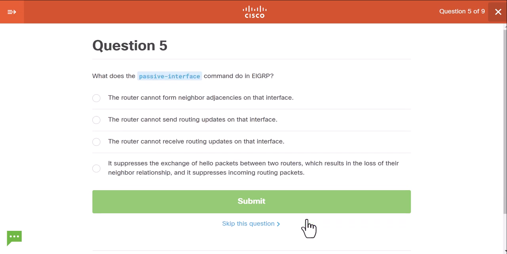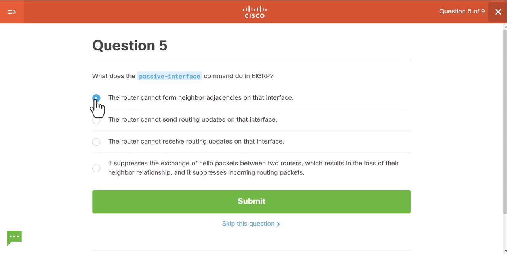Question 5. What does the passive interface command do in EIGRP? Let's see. The router cannot form neighbor adjacencies on that interface. And this is the correct answer.